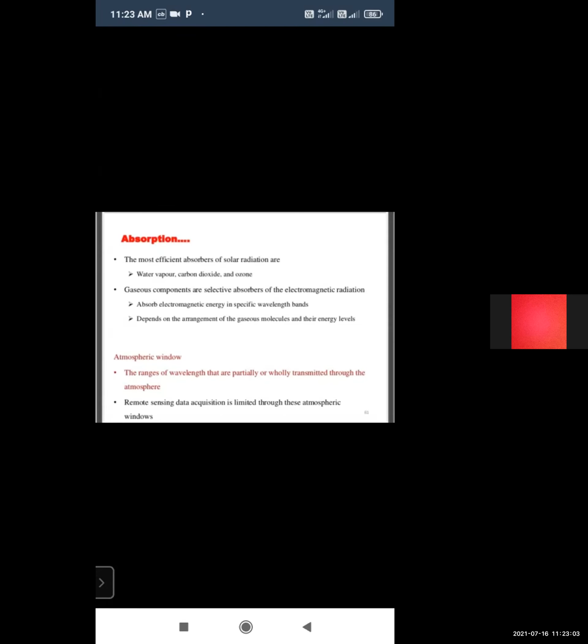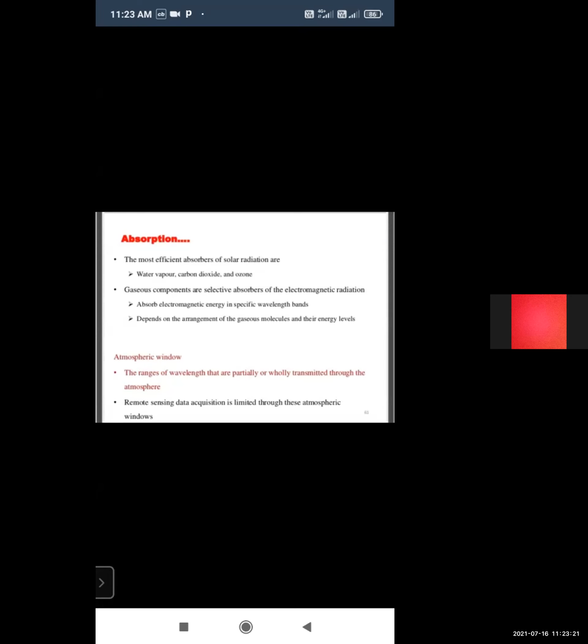Next is the atmospheric window. The range of wavelengths that are partially or wholly transmitted through the atmosphere; remote sensing data acquisition is limited to these atmospheric windows. What is the purpose of a window in our house?